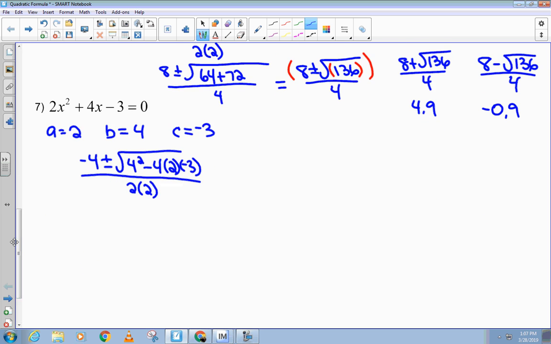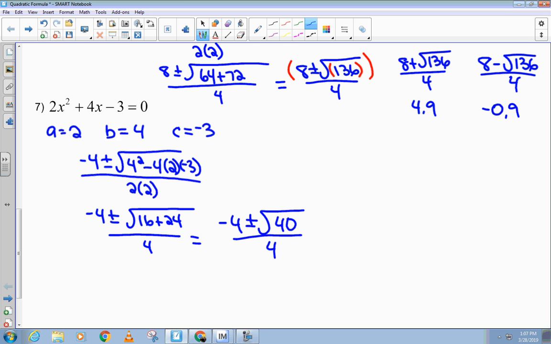So again, I'm going to simplify it a little bit. -4 plus or minus, that would be 16 plus 24, which is 40, over 4. So that means I have to do 2 problems, -4 plus radical 40 over 4 and -4 minus radical 40 over 4.